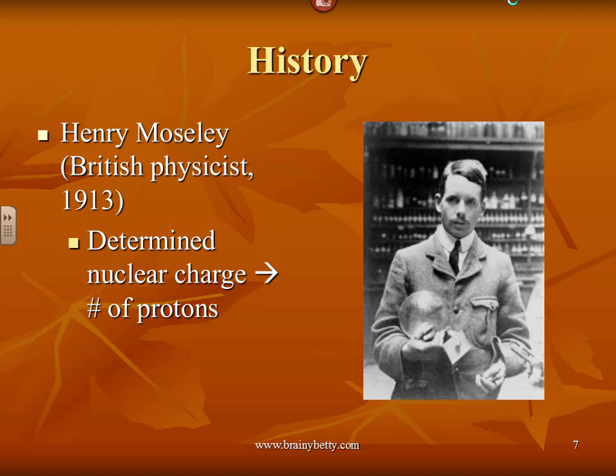And if you think about that for a second, you'll realize that that's really just the number of protons. Because what two things are in the nucleus? Protons and neutrons. Do neutrons have a charge? No. So the nuclear charge is just the number of protons. So he's responsible for determining the number of protons in each of the elements that we knew of.